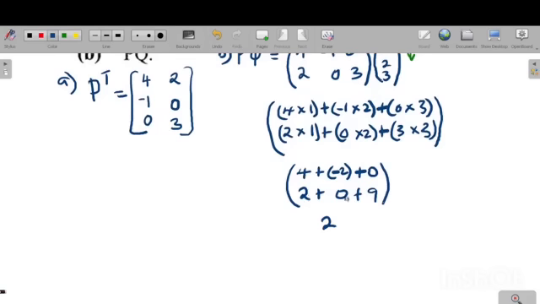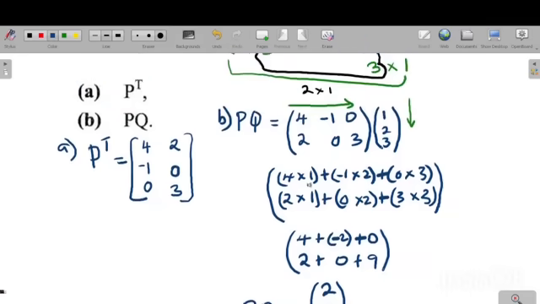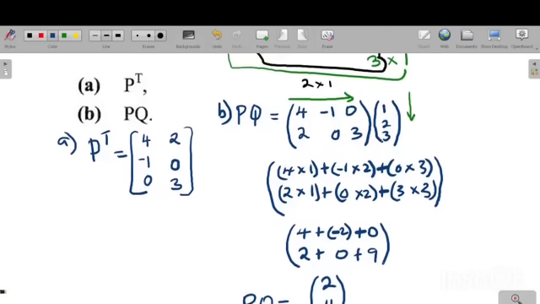And 2 plus 0 plus 9 is 11. So this is the answer. This is the matrix PQ. And just as I said, the order of this matrix is 2 by 1, so it's a 2 by 1 matrix, just as I said here about the outside numbers.